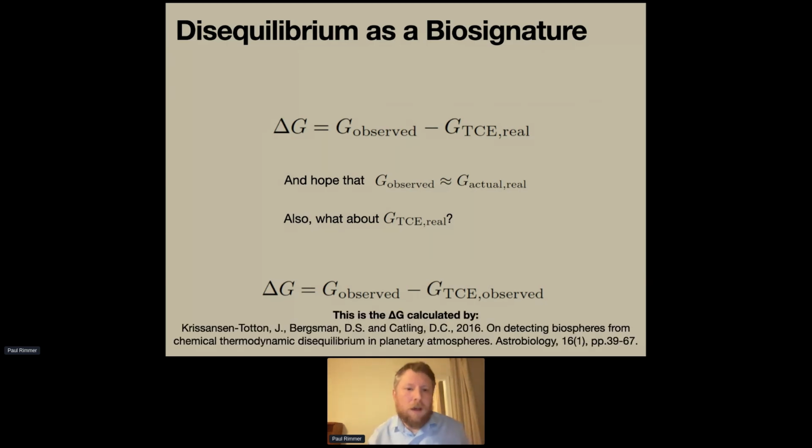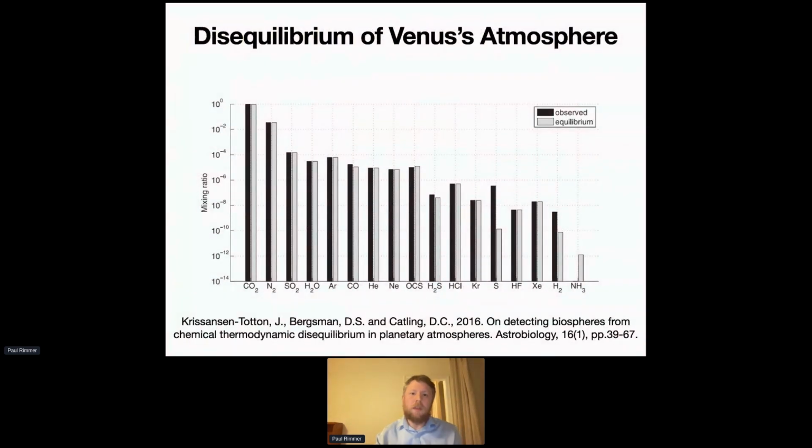This particular formulation and some of the other things I'll be showing later on in the talk can be seen in this paper by Josh Christensen-Totten et al. in Astrobiology. So we could look at disequilibrium in Venus's atmosphere.